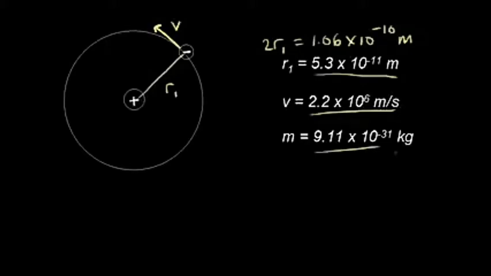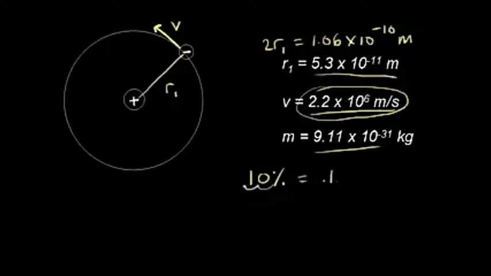And we know the mass of the electron is 9.11 times 10 to the power negative 31 kilograms. Let's say we have a 10% uncertainty associated with the velocity. We can convert that to a decimal: we just divide 10 by 100, so 10% is equal to 0.1. So we have 0.1 here.